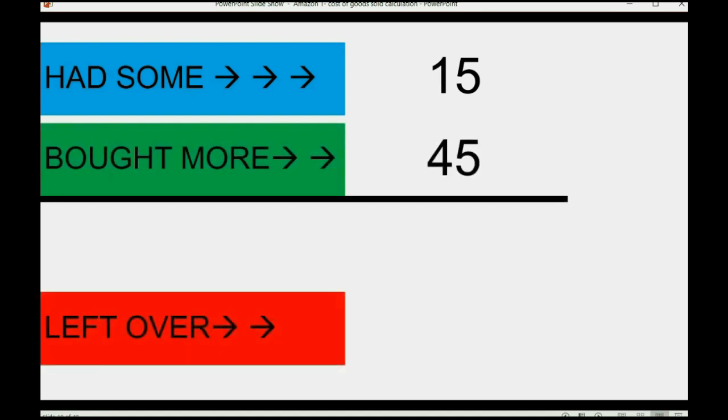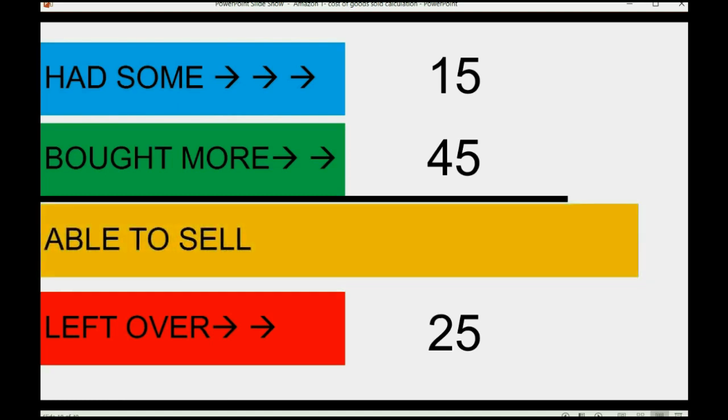Logically, for example, in this example we had 15 at the beginning of the month, then during the month we bought 45 more. Well, we don't know how many were sold, but we know we can physically count the ones that are left over at the end of the month. And in this example, there were 25 left over. So remember, in order to find out how many you did sell, the first step is finding out how many you were able to sell.